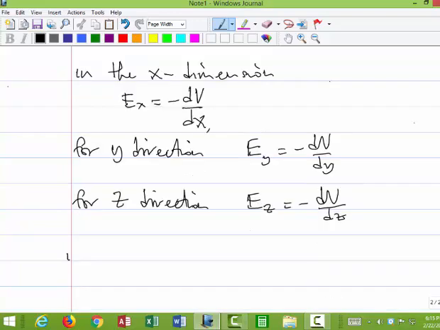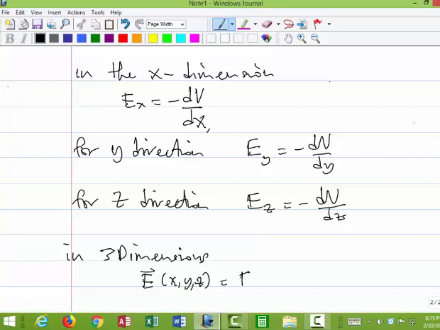and for the z direction, E subscript z is minus dV dz. So we can say that in three dimensions, if E has components x, y, z, then this is equal to Ex i hat plus Ey j hat plus Ez k hat, if we want to use that notation.